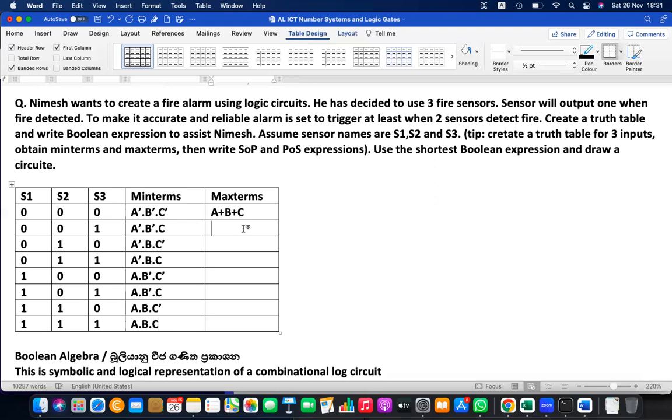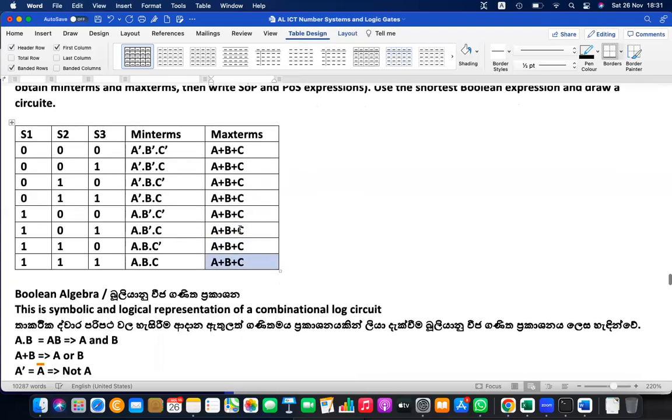Max terms. So for max terms, the aim is to get 0 from that. Here you can see it's all 0.